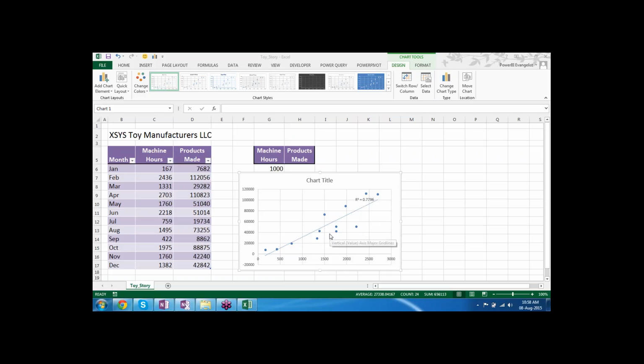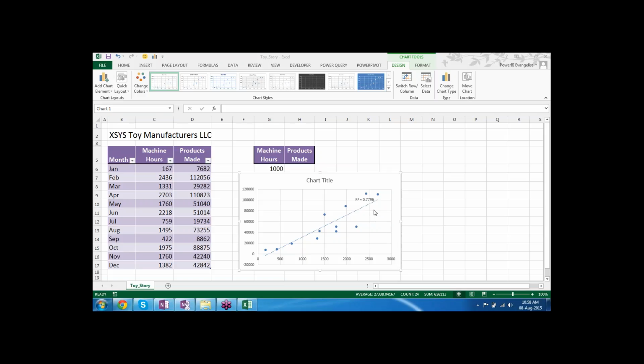There is an algorithm called best fit in analytics, and based on that, this line comes up. It shows the distance between the line and the dots. The nearer these dots are to the line, the better is my data and the better will be my prediction.